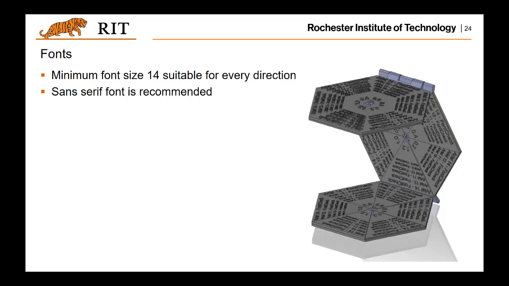And that is similar to what we have in selective laser sintering. There will be a minimum font size of 14 for every direction. And also there are some font types recommended by the EOS process machines.